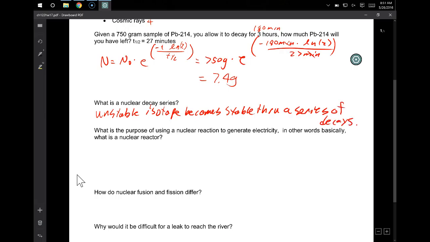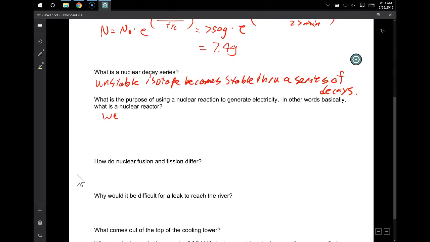What's the purpose of using a nuclear reaction to generate electricity? And really, what is a nuclear reactor? Giant water boiler. It's a giant water boiler. We use steam to turn a turbine that is coupled to a generator.